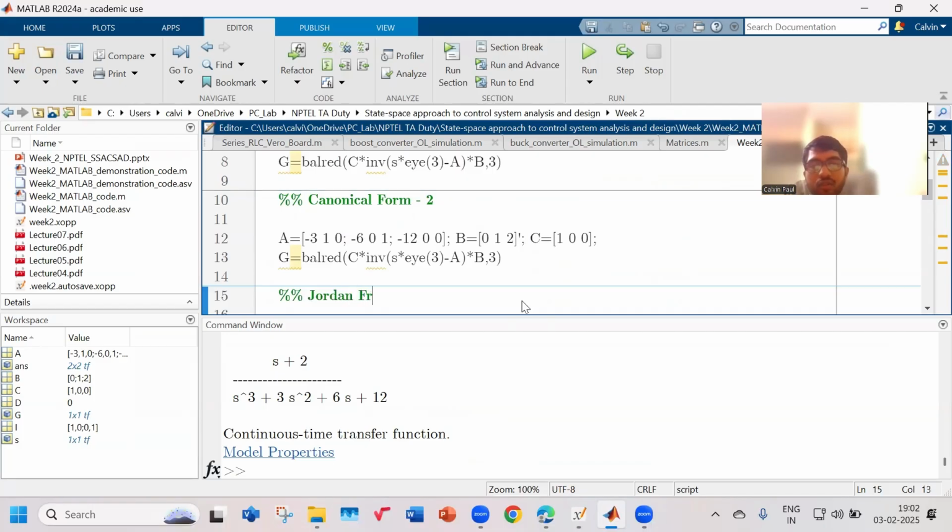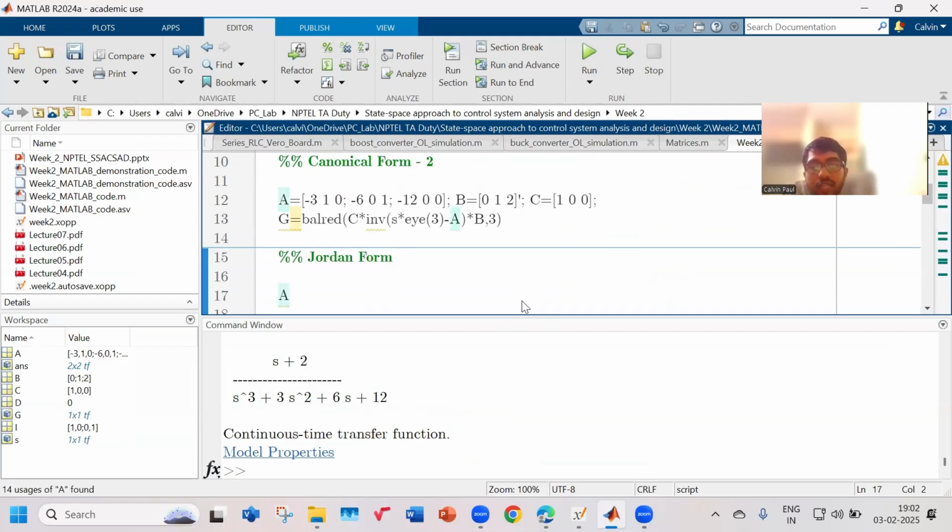This is for the Jordan form. So now our A in this case is minus 3, 0, 0, minus 4. Now B is 1, 1 transposed, and C is minus 1, 2.